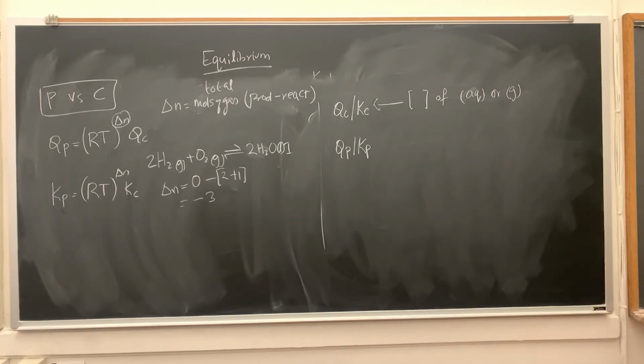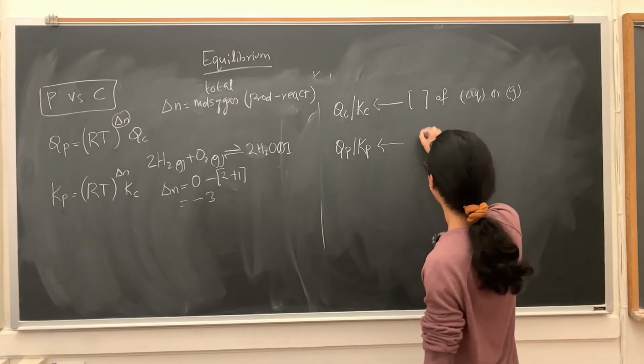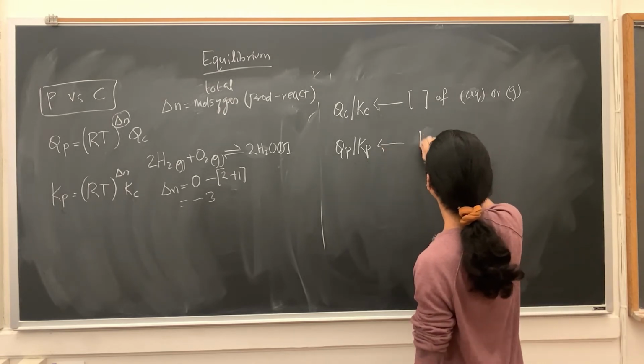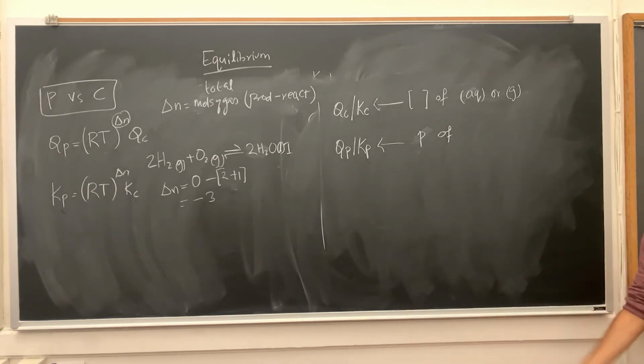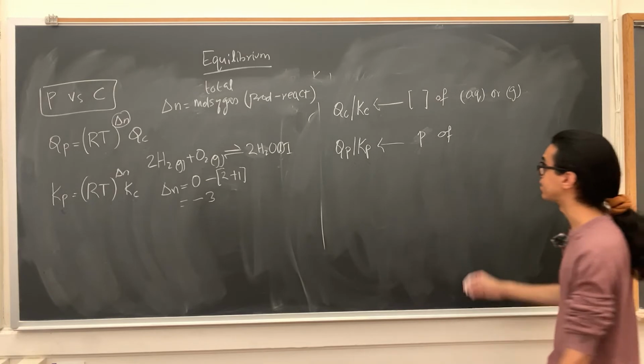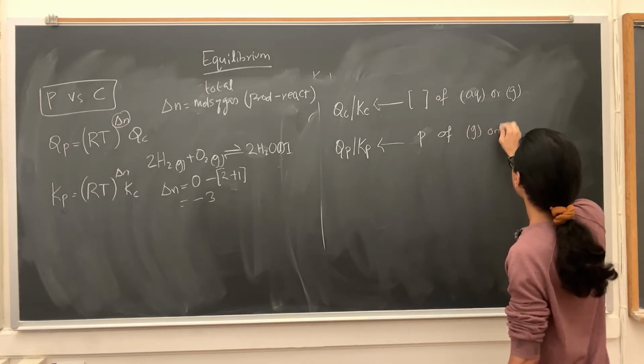Nothing else. Solids and liquids don't enter the expression. I'll give you examples to illustrate that. And for the pressure part, liquids don't have pressure, solids don't have pressure, so the only thing that makes sense to talk about pressure is gases. Pressure of gases only.